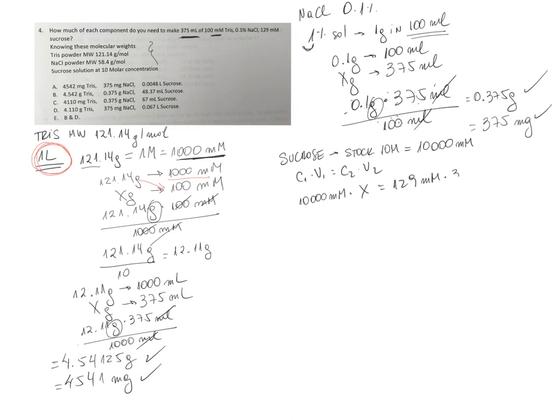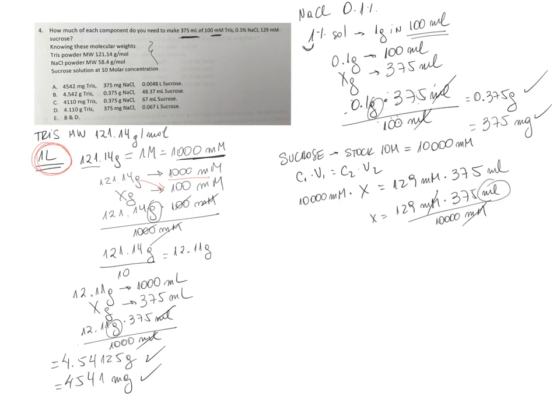and you know the final volume that is 375 mLs. So X is going to be 129 millimolar times 375 mLs divided by 10,000 millimolar. Cancel those units. We know this is correct.